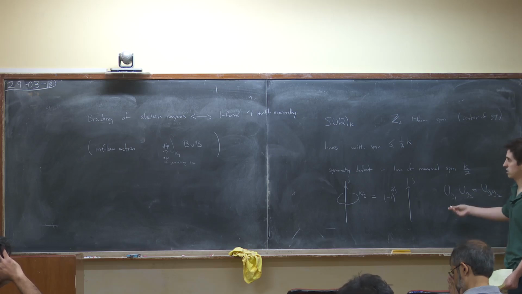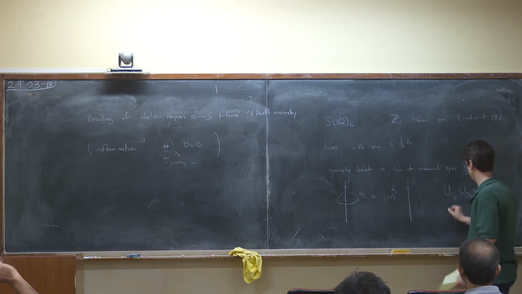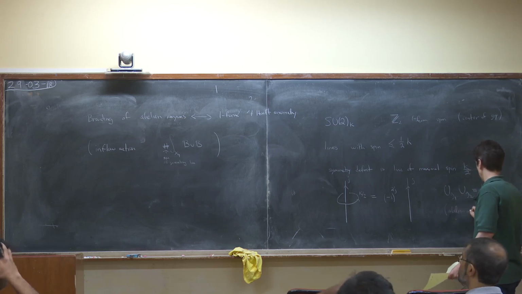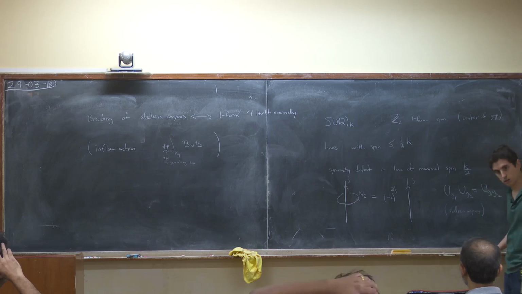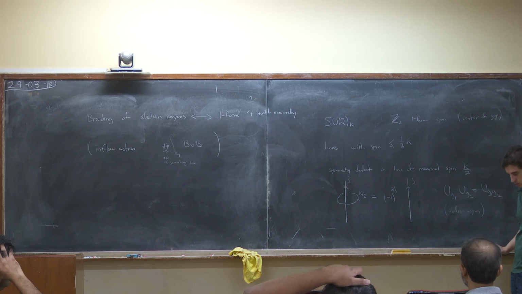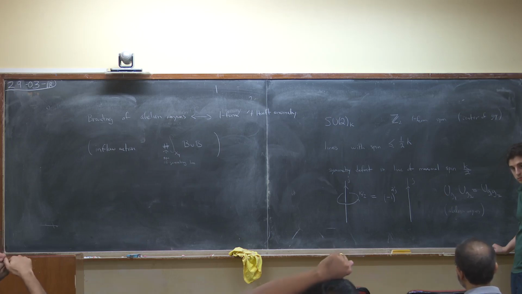In condensed matter, they're sometimes called abelian anyons, which is why I use that phrase. There is this one-form symmetry. If I just have a theory and I want to identify its symmetry, you have U_g1, U_g2, and I just call the product U_g1 g2.